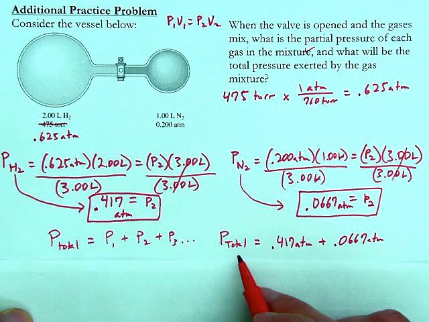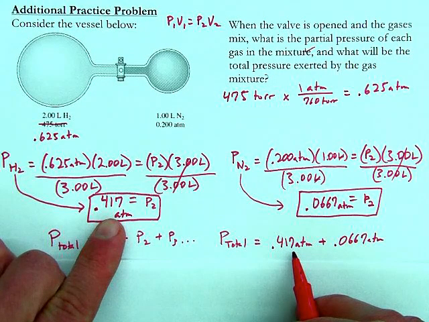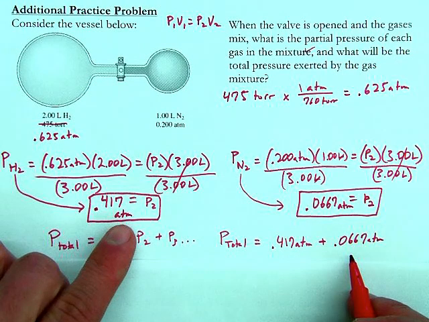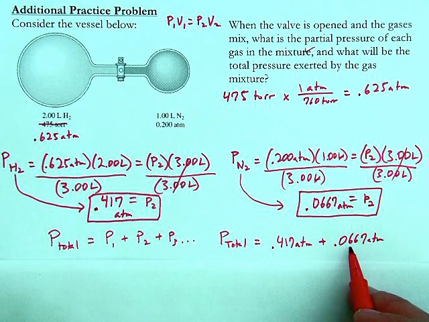Now we only have 2 gases here, so the partial pressure contributed by the hydrogen is 0.417 atm, and the partial pressure contributed by the nitrogen is 0.0667.